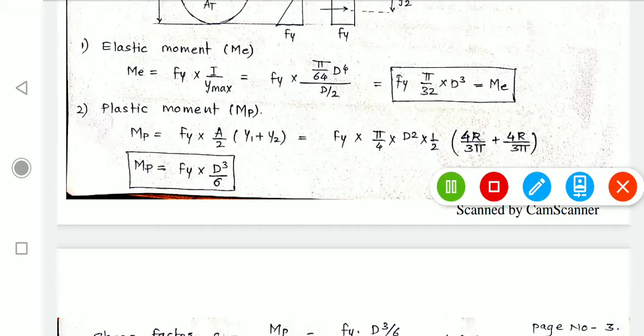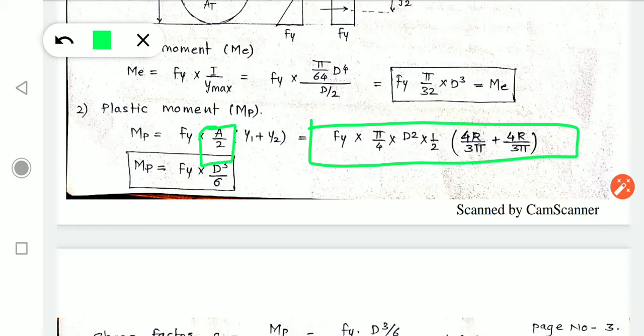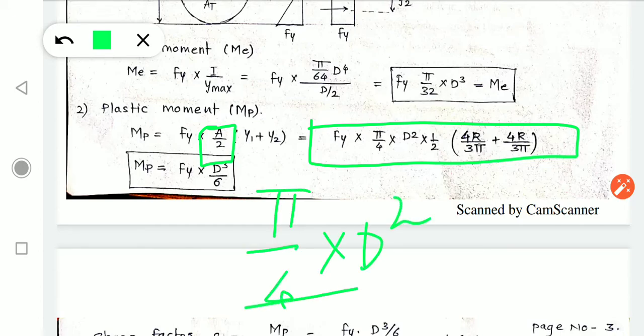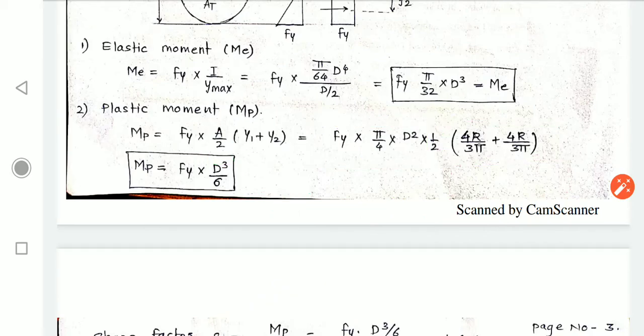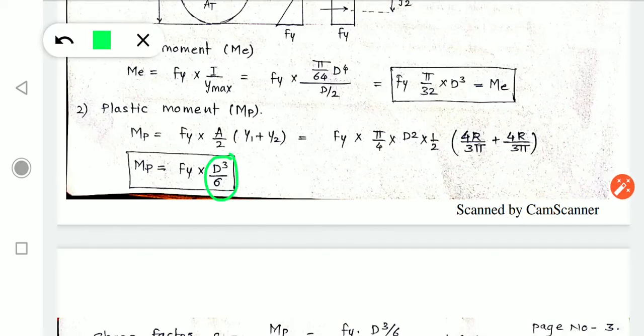Now let's simplify this term. Before that we need to know what is A by 2. Area is pi by 4 into d square, divided by 2, right? So I wrote half of pi by 4 into d square. Once you simplify this, you will get the answer as d cube by 6.